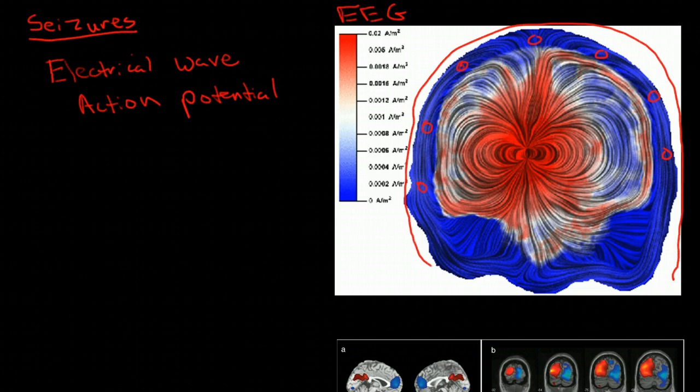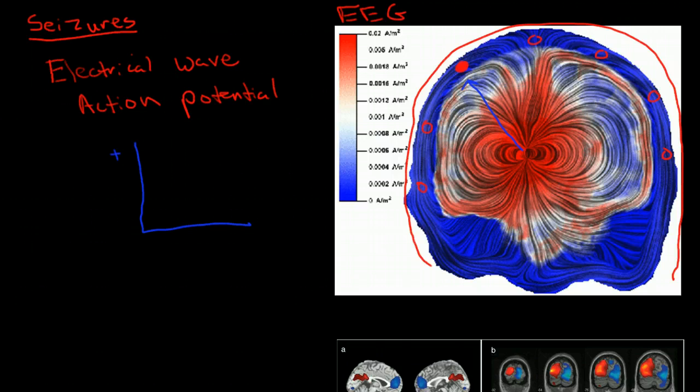So for example, if we are looking at this electrode here, it is going to be measuring action potentials as they move towards it. Let me change the color of my pen here so you can see it better. Anything that is moving towards it will cause a positive deflection. So this is the picture of the EEG.